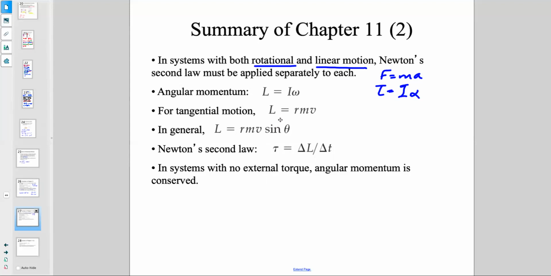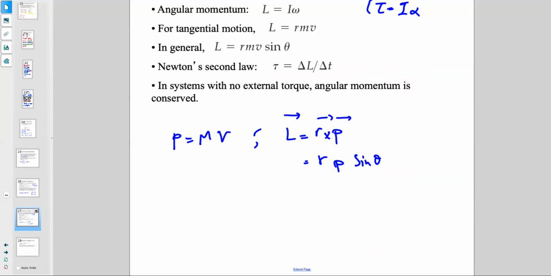Angular momentum is very similar to the momentum formula that we had before. The momentum formula that we had was mv, and now it's I omega. In a tangential type of motion, we also have L is R cross P, right? In other words, L is R P sine of the angle between them.